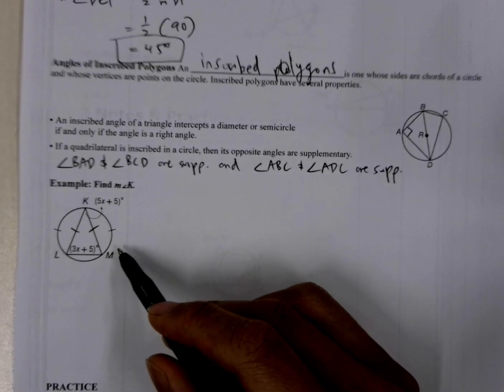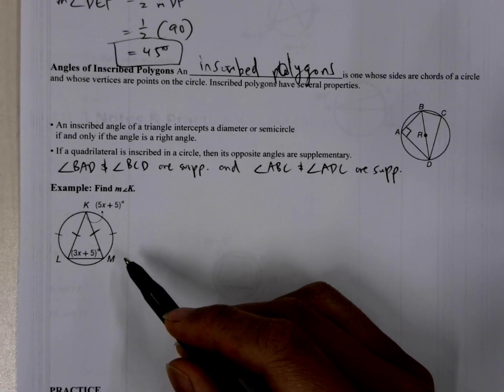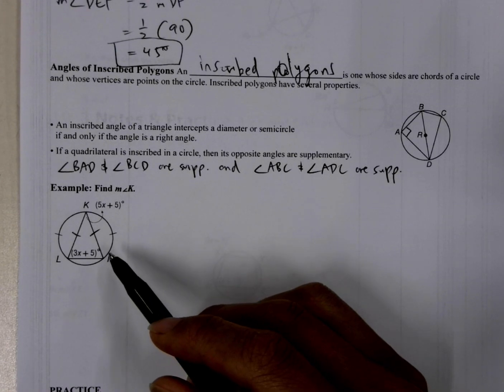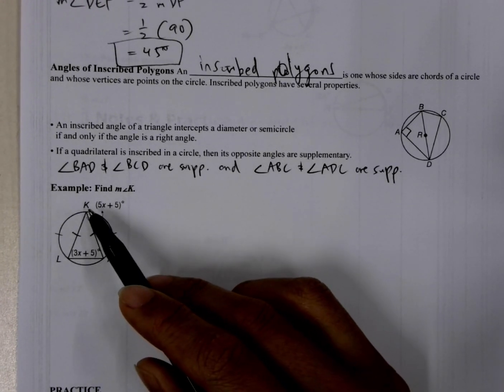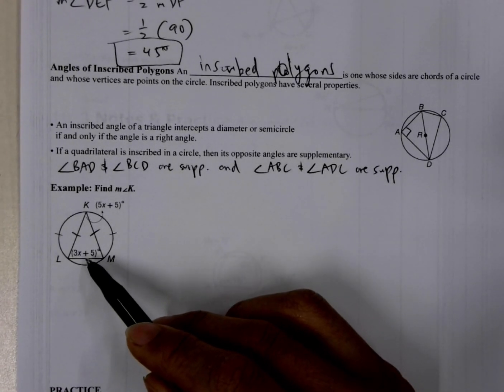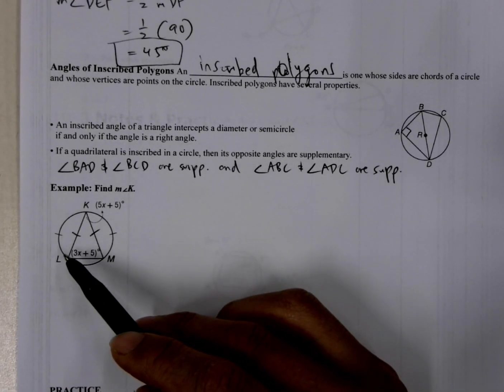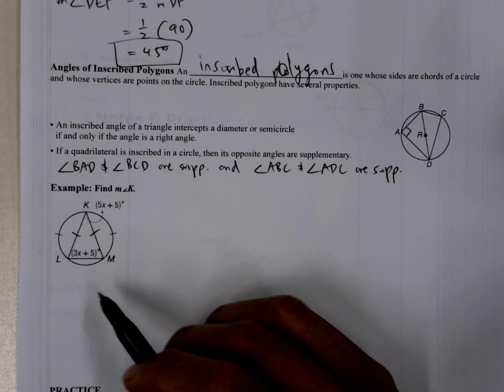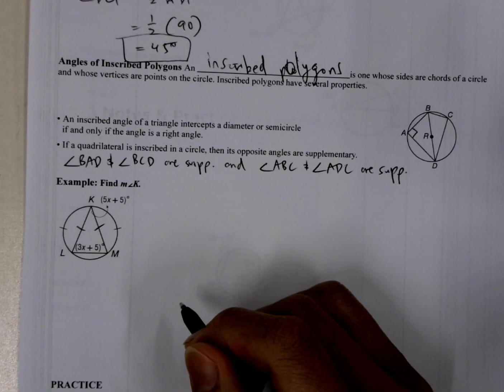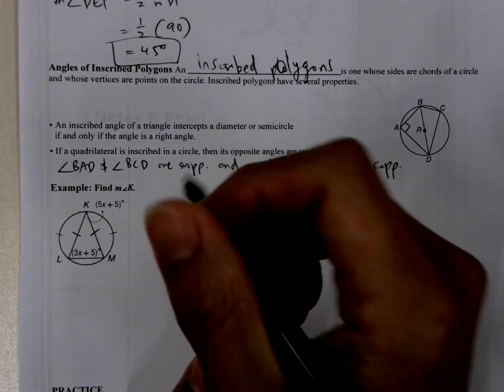So we can create an equation, because if KLM is equal to that, then KML is also equal to that expression, and we have angle LKM equal to this expression. Those all added together via the triangle angle sum theorem is equal to 180 degrees.